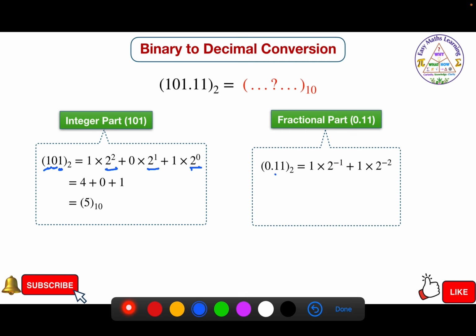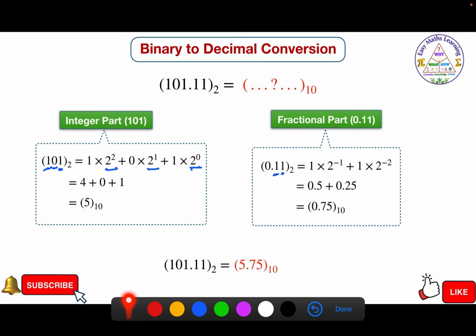So for this one, the weight will be 1 by 2, means 2 raised to the power minus 1, and for this one, it will be 2 raised to the power minus 2. So we can write it is 1 multiplied with 1 by 2 means 0.5 we are getting, and from here we are getting 0.25. So finally we are getting fractional part of binary number in decimal form, which is 0.75.